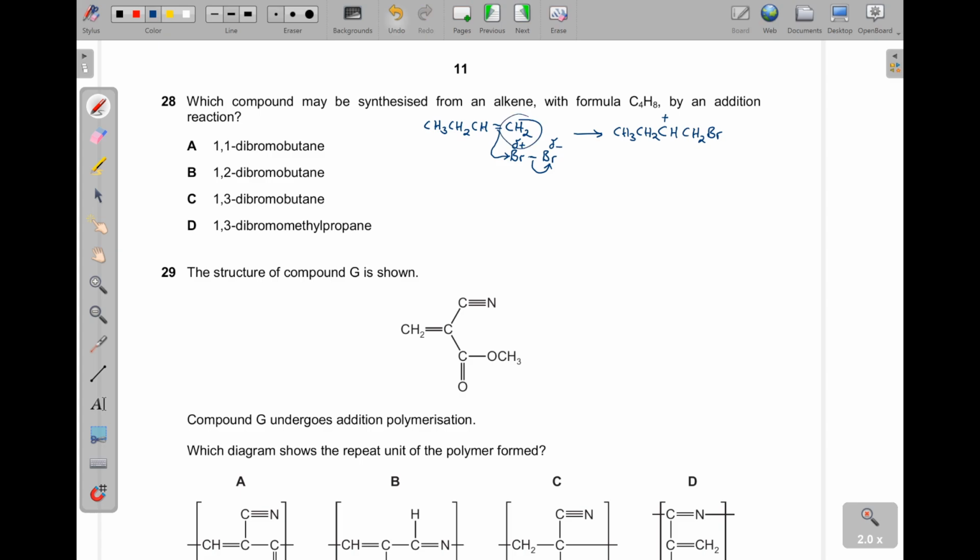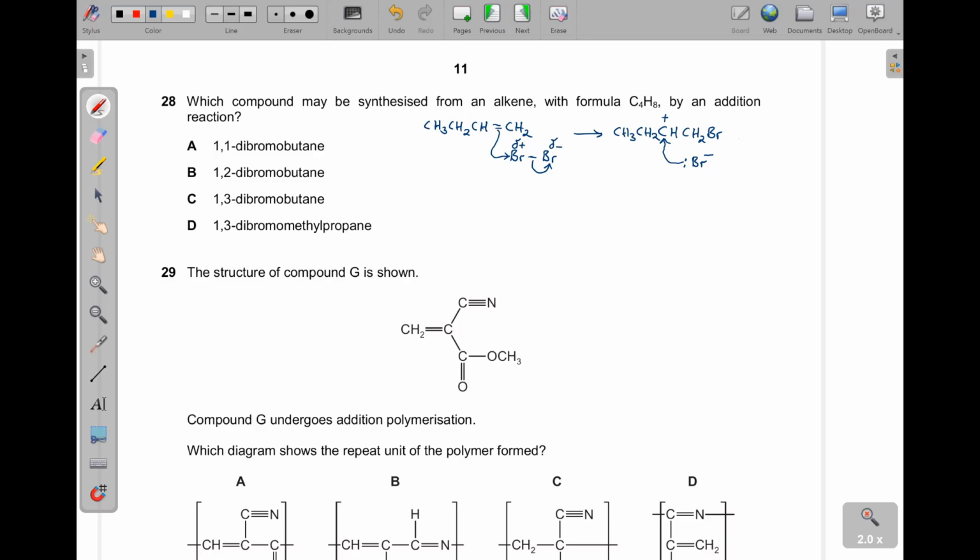So this one with more hydrogen atoms gets the electrophile first. Then this bromine that has broken off from here is now fully negatively charged, so it is going to donate the electrons to that.